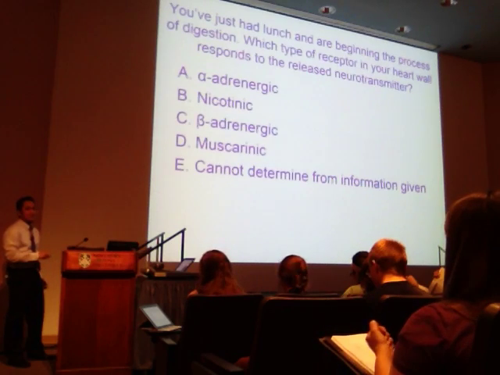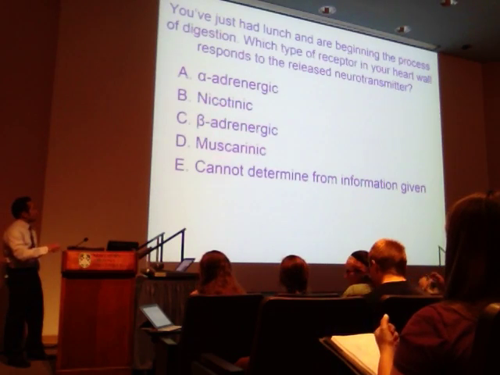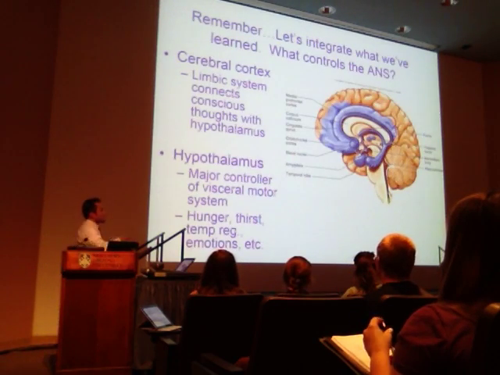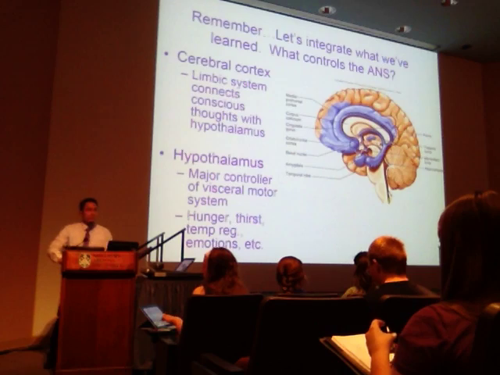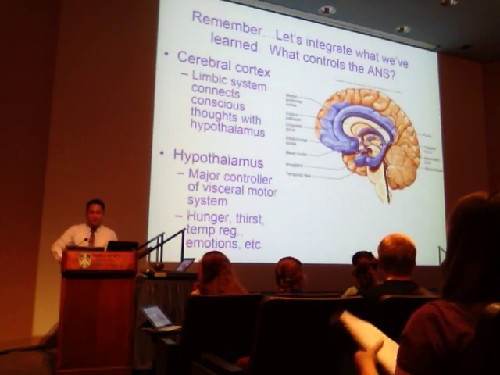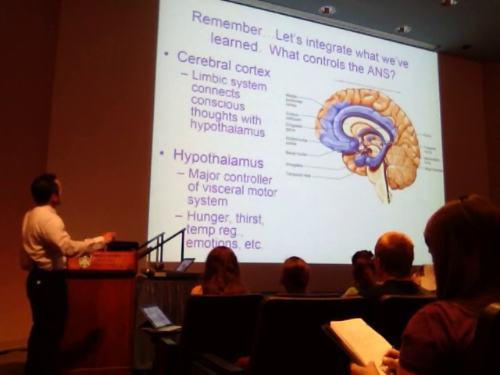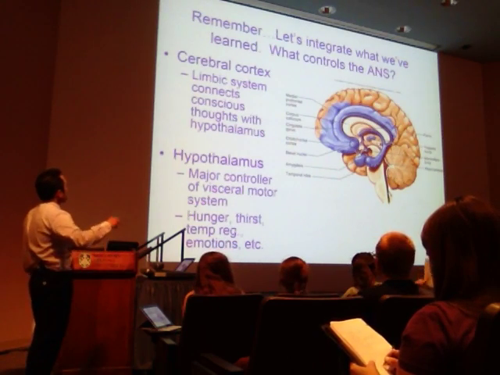Muscarinic type D. Look at this and go over why each one is right or wrong. Okay? So let's connect these as we wrap up the remaining time to what we've talked about in the past. Stay with me, guys. We're just going to finish out.